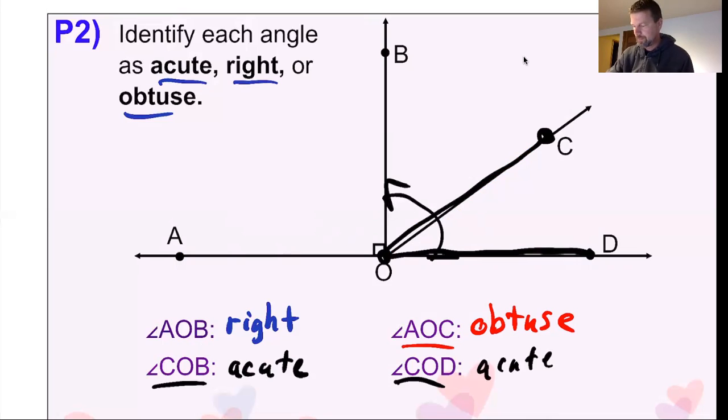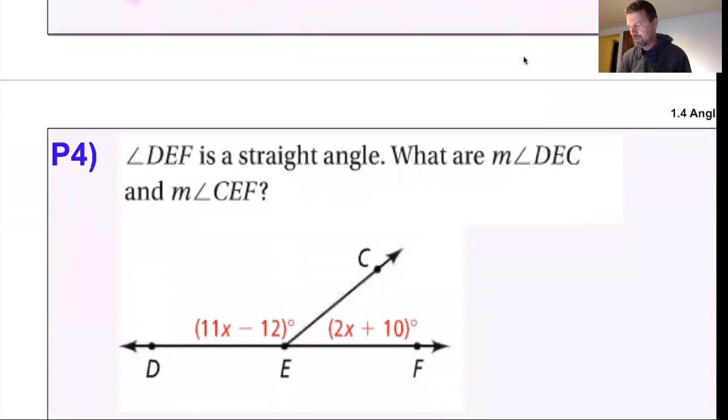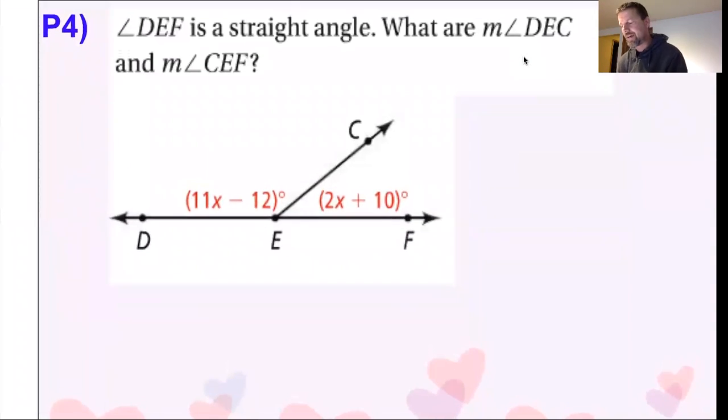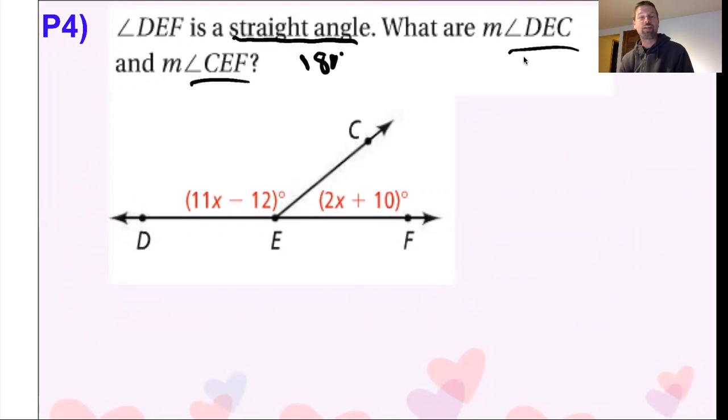All right, we are almost done. DEF is a straight angle. Straight angle, again, we know means it's 180 degrees. What are the measures of DEC and CEF? Well, this looks like an algebra one. I know that all together that's 180. And then they gave me the parts of it. So I know if I add those two angles together, they should add to 180.